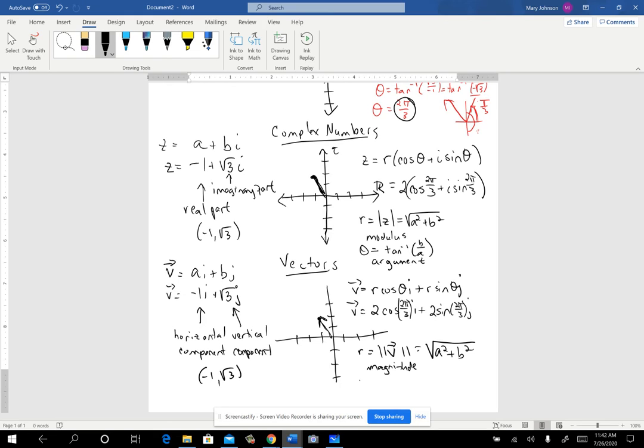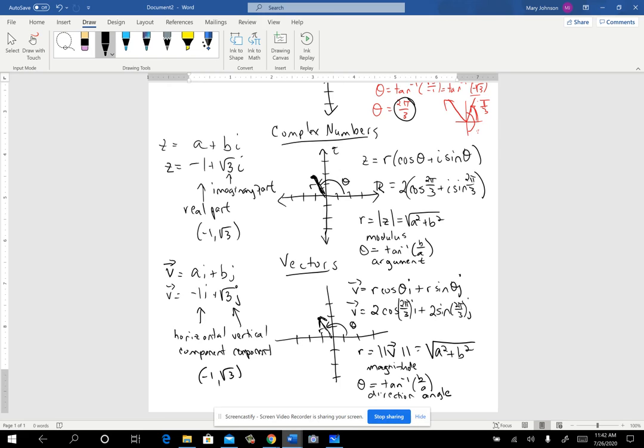And then the theta isn't called the argument, but it's found the same way. Okay, but it's called the direction angle. All right, so you just need to know the angle, and you need to know the r. Same thing here. You need to know the angle, and you need to know the r.